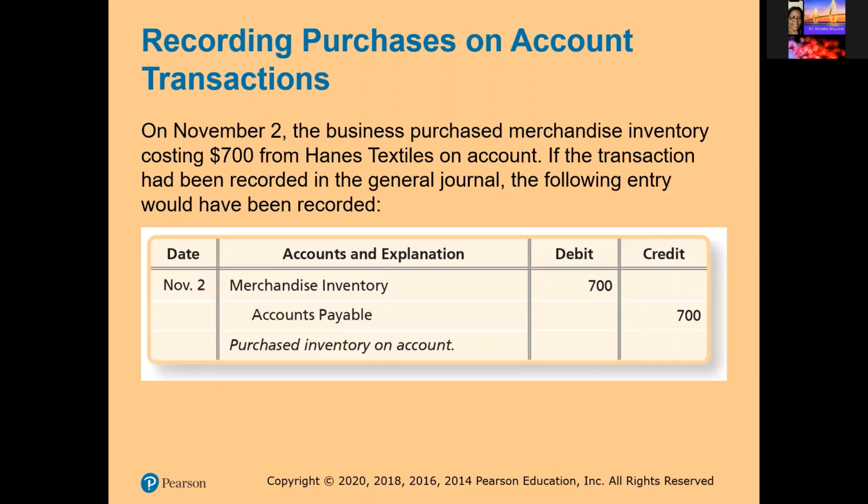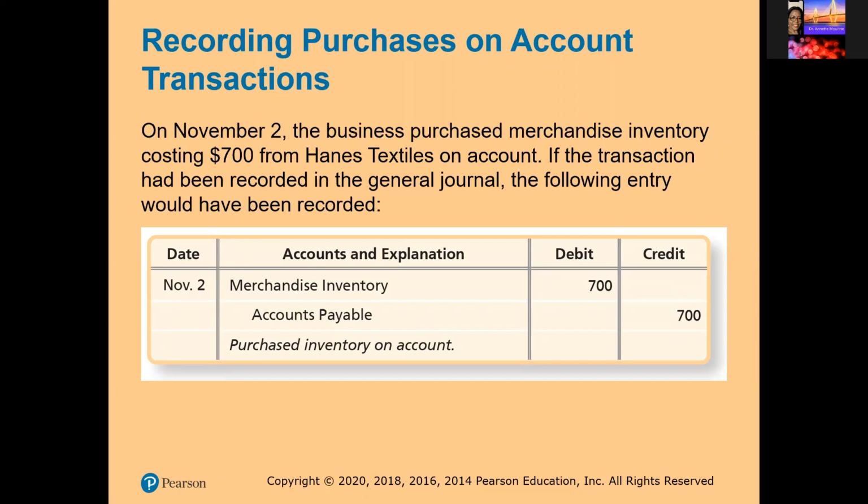On November 2nd, the business purchased merchandise inventory costing $700 from Haynes Textile on account. Here in this slide, it shows the journal entry if the transaction had been recorded in the general journal. By recording the entry in the purchases journal, the transaction can be recorded on one line.